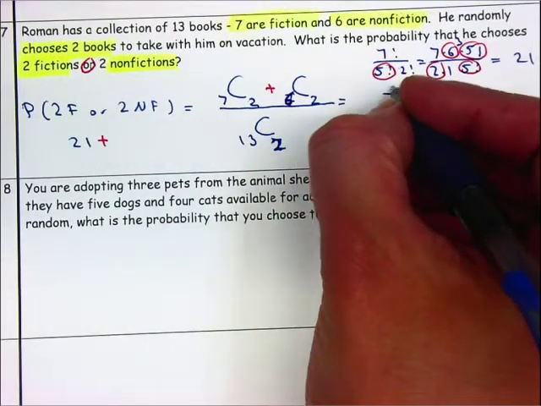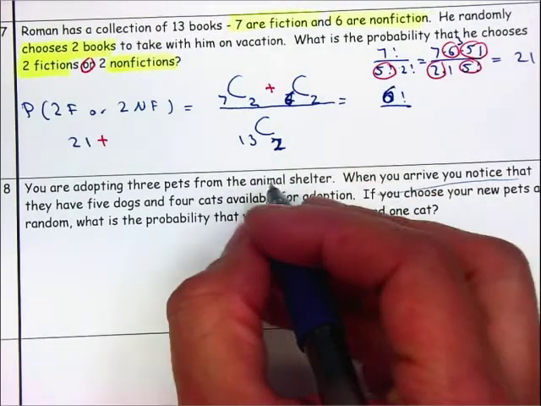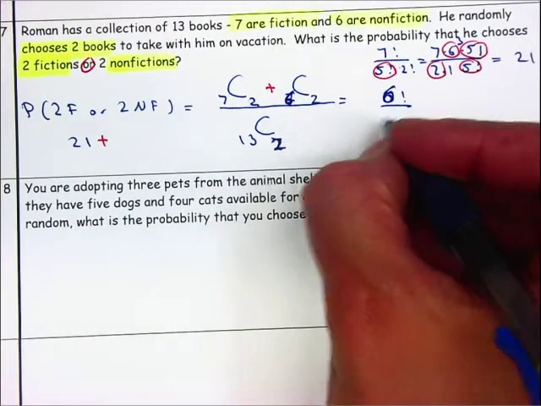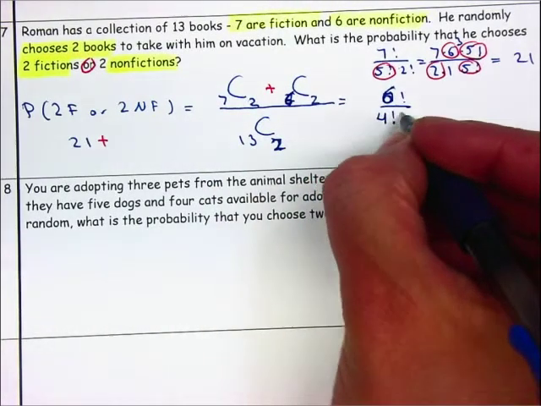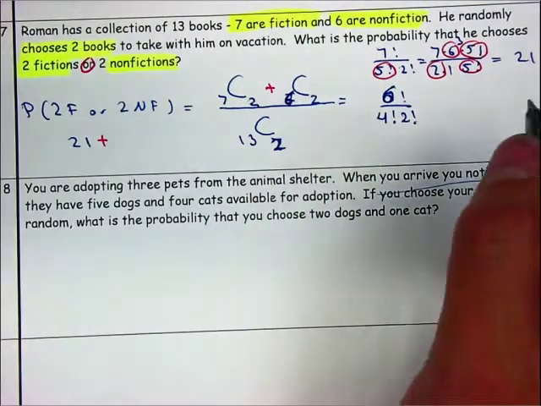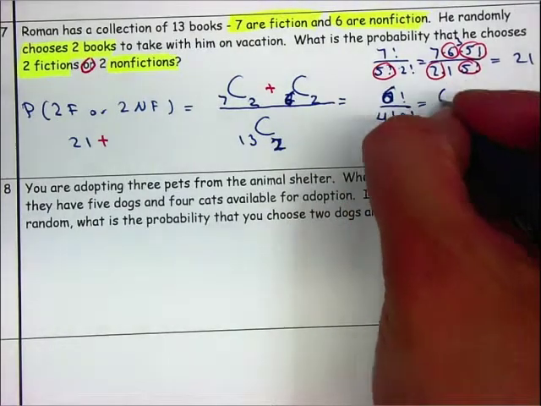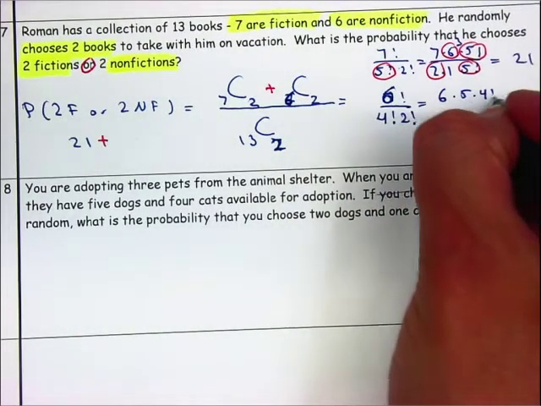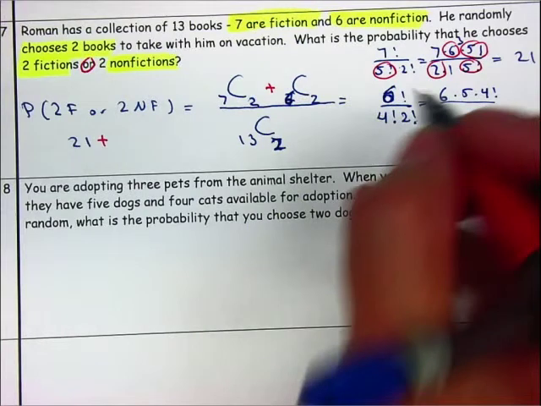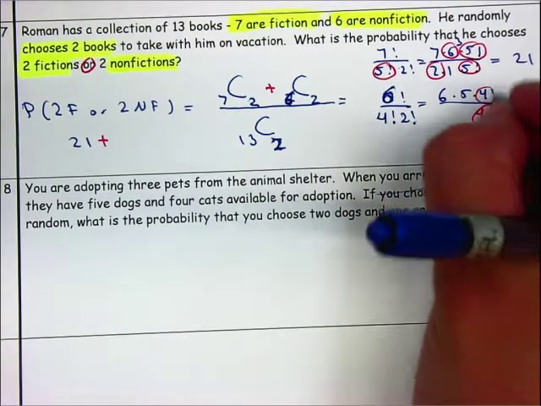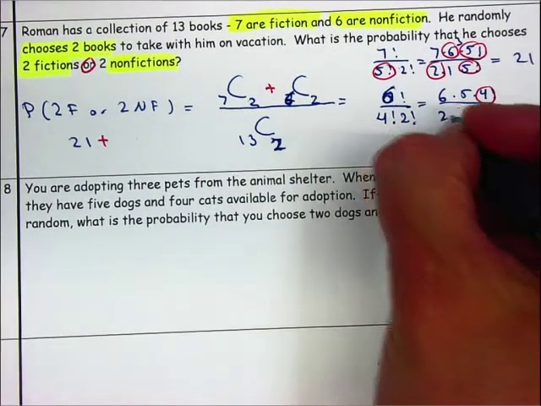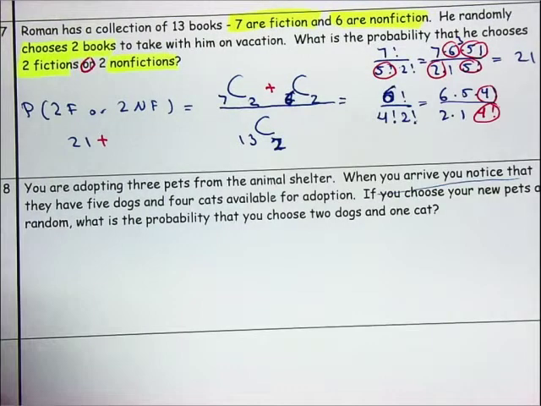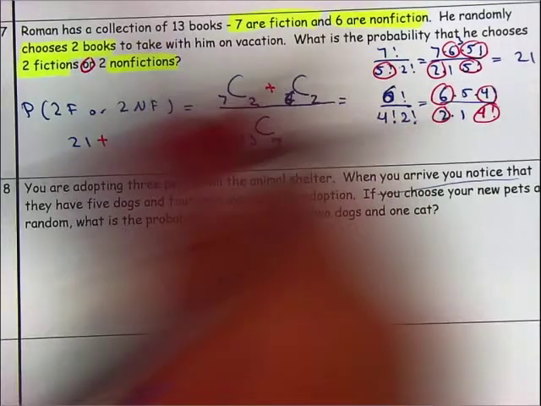So that'll be 6 factorial over 6 minus 2, which is 4 factorial, multiplied by 2 factorial. That gives me 6 times 5 times 4 factorial. That will cancel with my 4 factorial. And I still have my 2 and my 1. My 6 and my 2 cancel, and that becomes a 3.